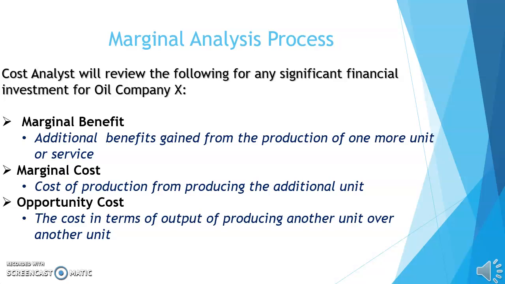The marginal benefit is any additional benefits gained from the production of one more unit of service. So what do we tend to gain as a benefit from investing into the expansion of it? What additional benefits do we get from any more product or service in a unit level gained?